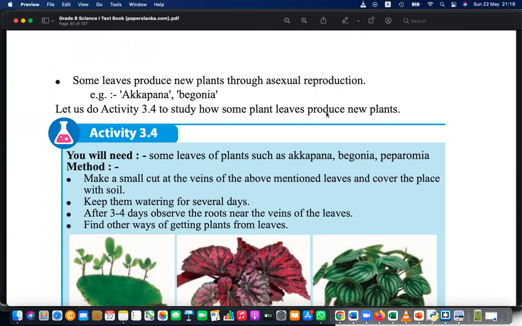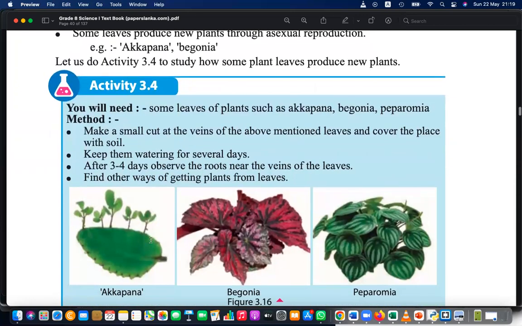That is normal, no? But this begonia, Akapana-like plants, can grow from the leaves. That is wonderful. You can see here a small stem began from the leaf. Leaf can reproduce.